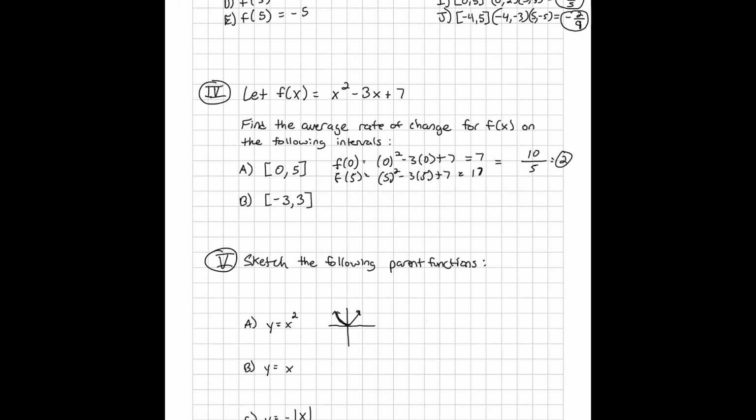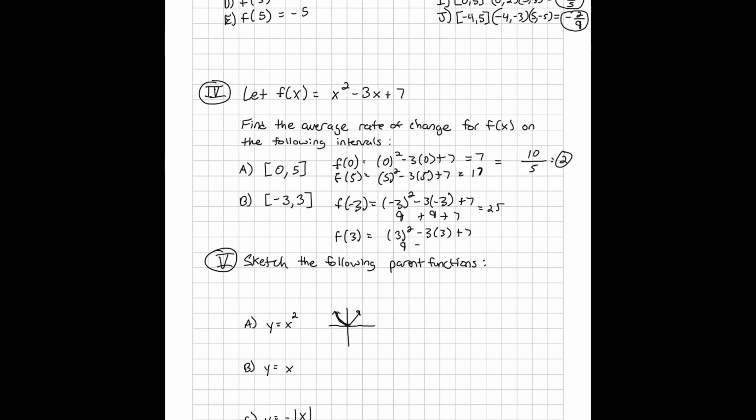And then this one, f of negative 3. Negative 3 squared minus 3 times negative 3 plus 7. Negative 3 times negative 3 is positive 9, plus 7. So that gives me 25. And then f of 3. 3 squared minus 3 times 3 plus 7.